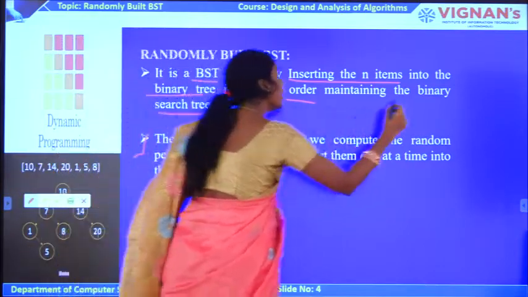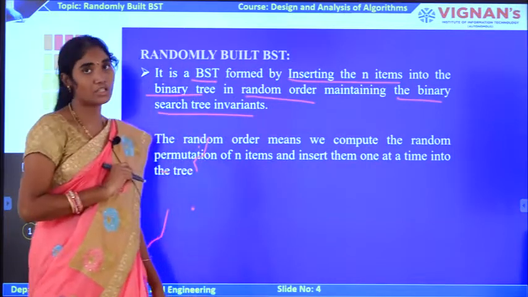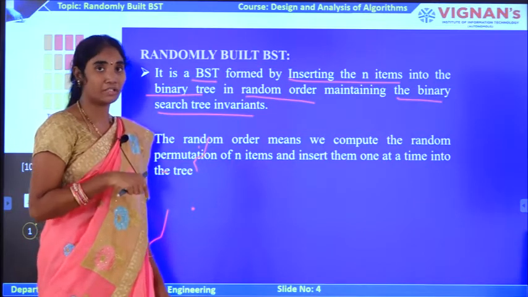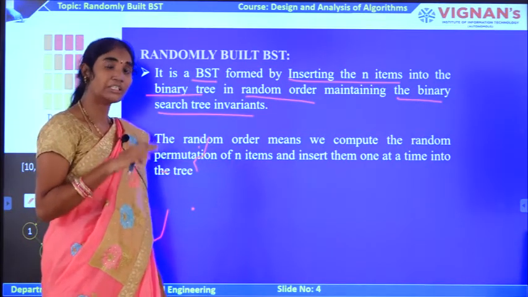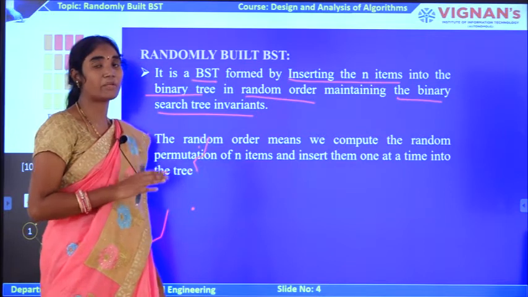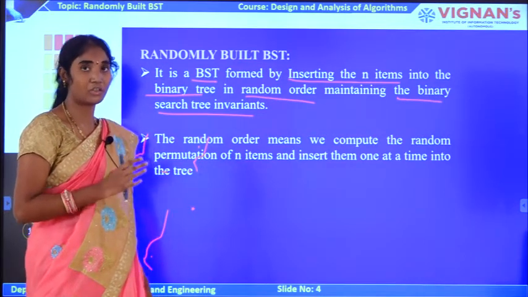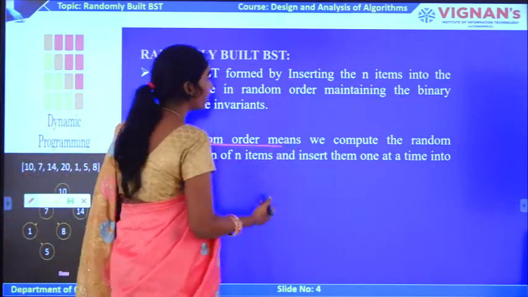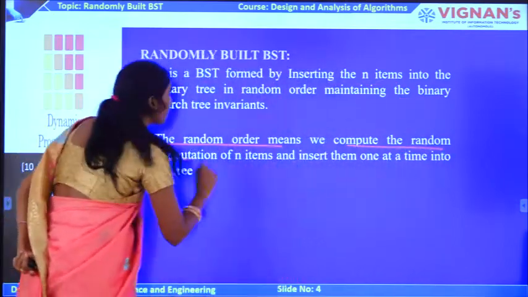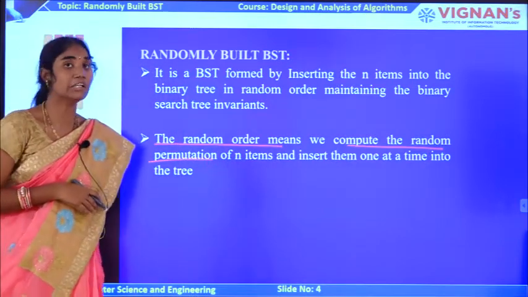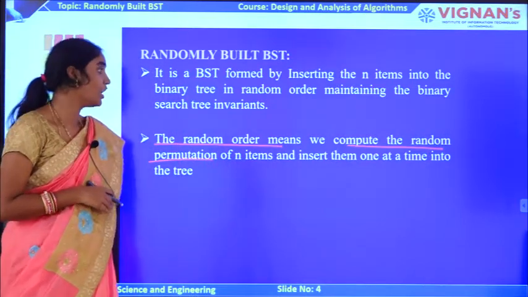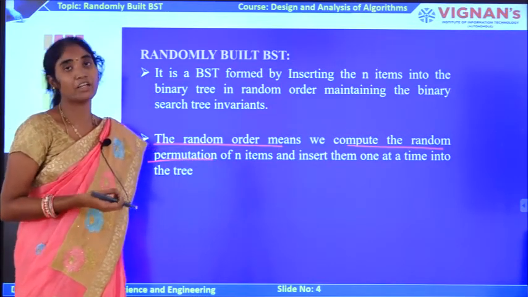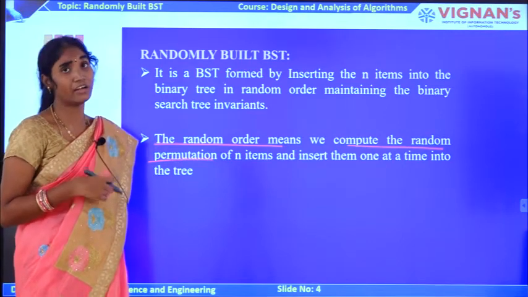That is, it obeys the binary search tree rules, but it inserts the elements in a randomized order, in a random manner, not in a given fashion. Random order means we need to compute a random permutation of n items and insert them one after another into the tree. Now why do we go with a random permutation?